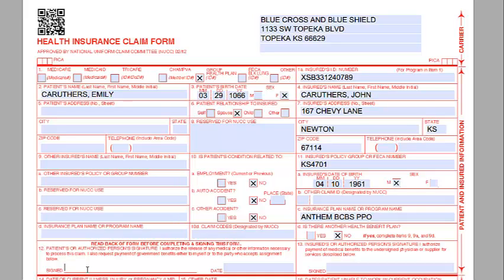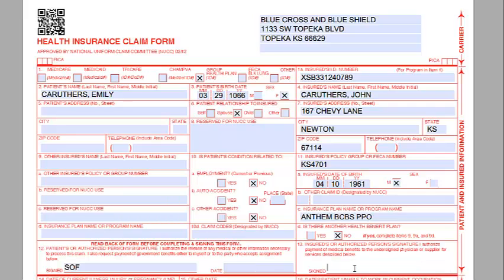Instead, they sign an authorization with the physician's office, and then that authorization is placed on file. Since the patient signature is on file authorizing the physician to do that, we simply put an SOF in this particular box here, which stands for signature on file. I do not have to indicate any date here, so I get to leave the date blank.